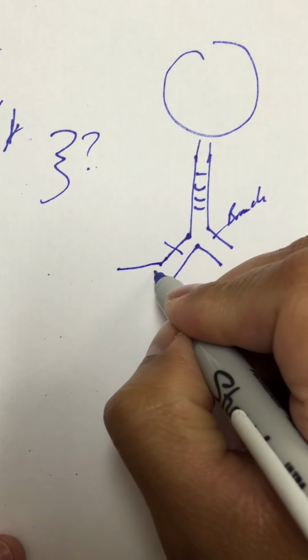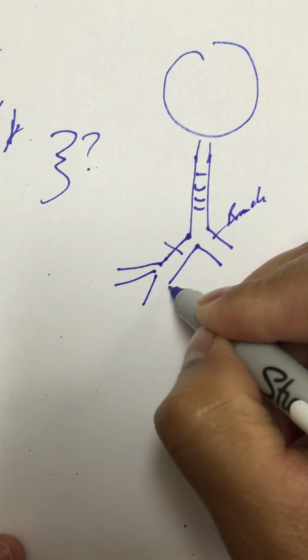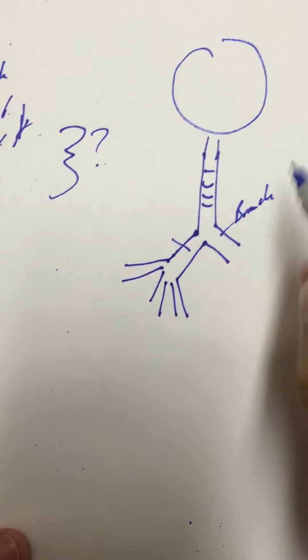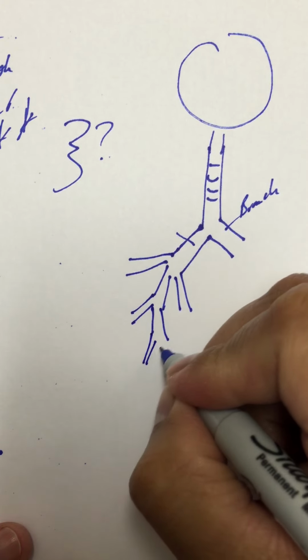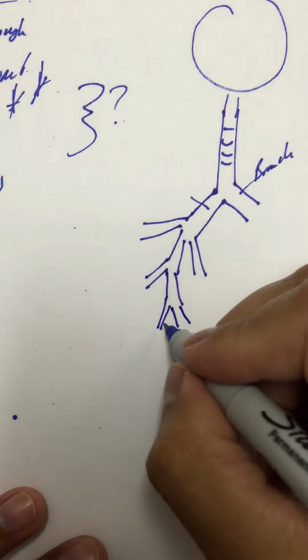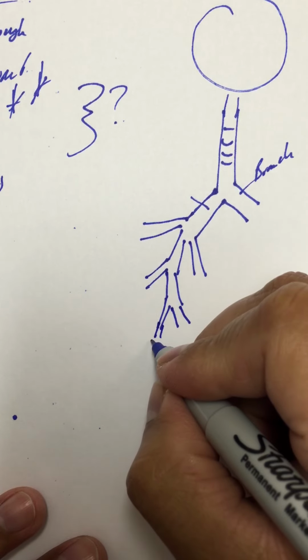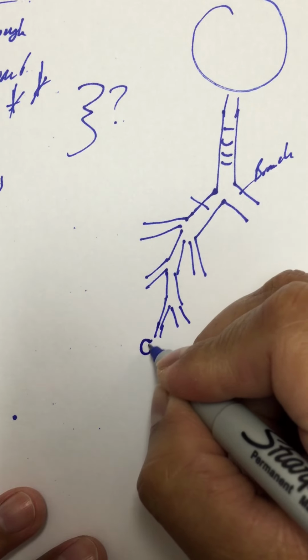And these will get smaller and smaller, until we get to some point where you get alveoli formation.